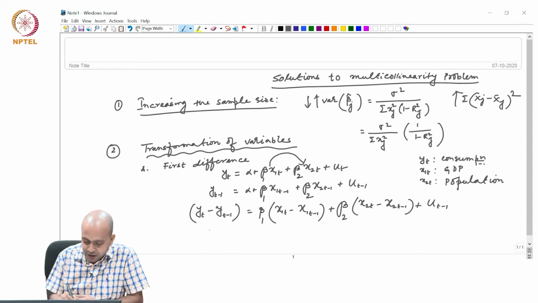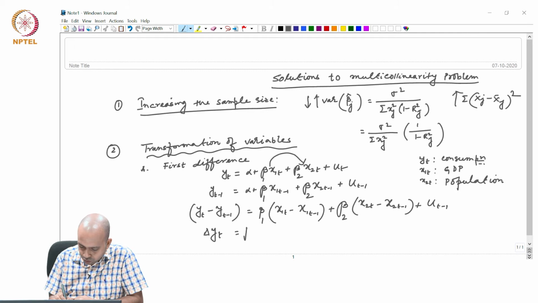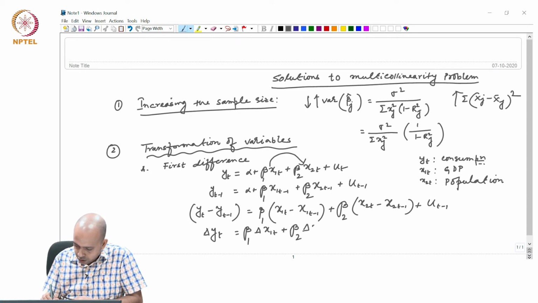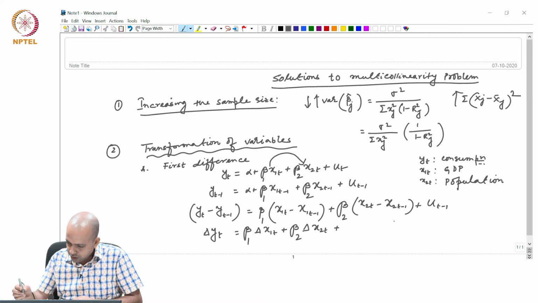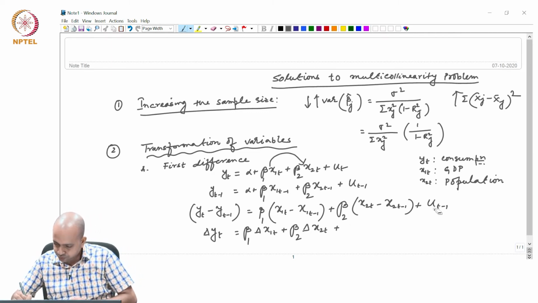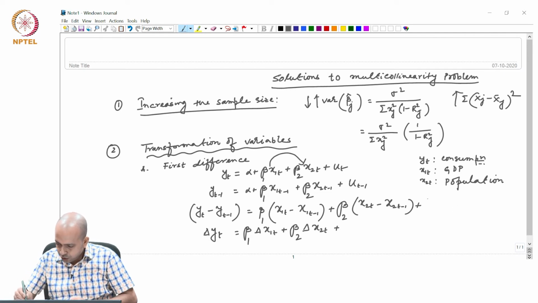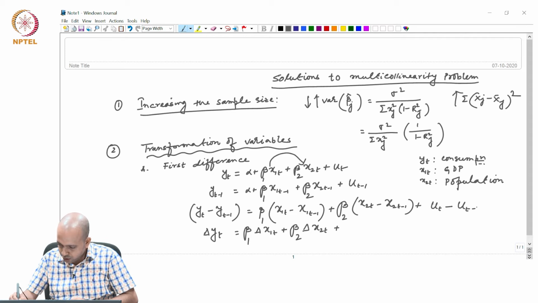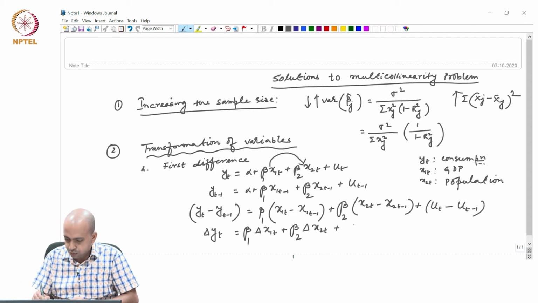So, let us say this is delta y t equals beta 1 delta x 1 t plus beta 2 delta x 2 t plus delta u t.